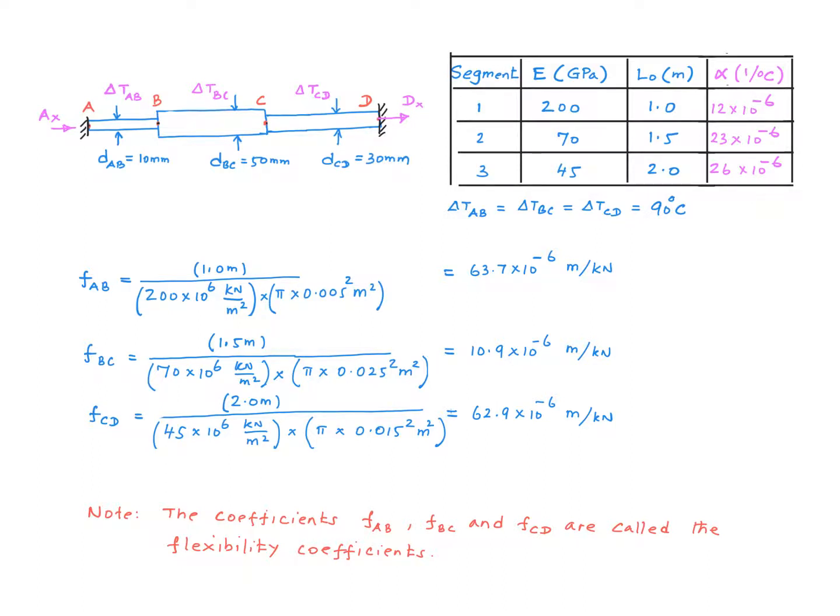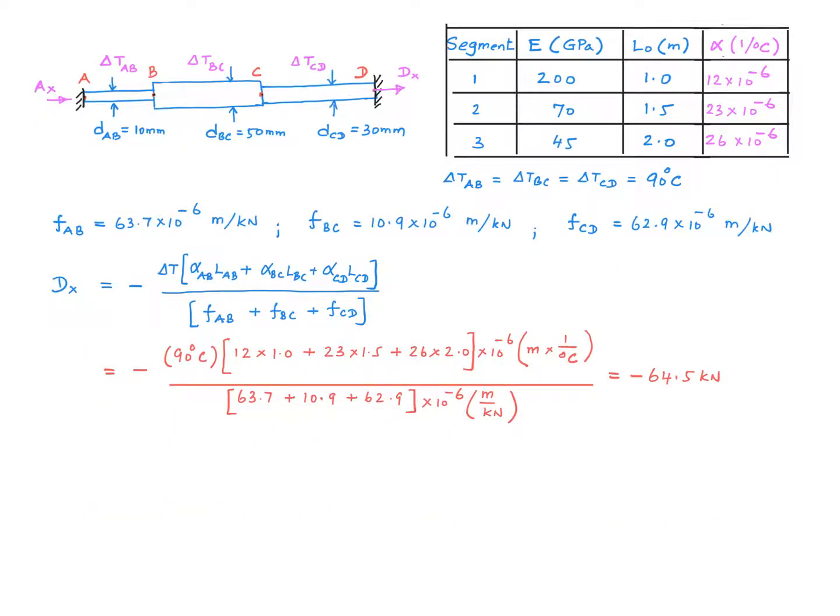I'm not sure if I pointed it out before or not. These coefficients, little FAB, little FBC, little FCD, are called the flexibility coefficients. These terms are properly defined in matrix structural analysis. It will come up in one of your advanced level structural analysis courses. Then I went ahead and calculated a value for dx.